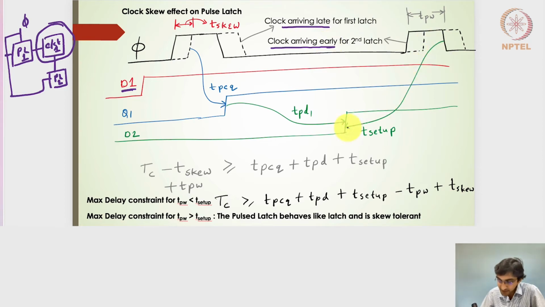So I've drawn the T setup time with respect to the black line clock signal and not the dotted lines, because this is the clock arriving early. The TPCQ I have drawn with respect to the dotted lines because the pulse latch 1 receives the clock that is arriving late.